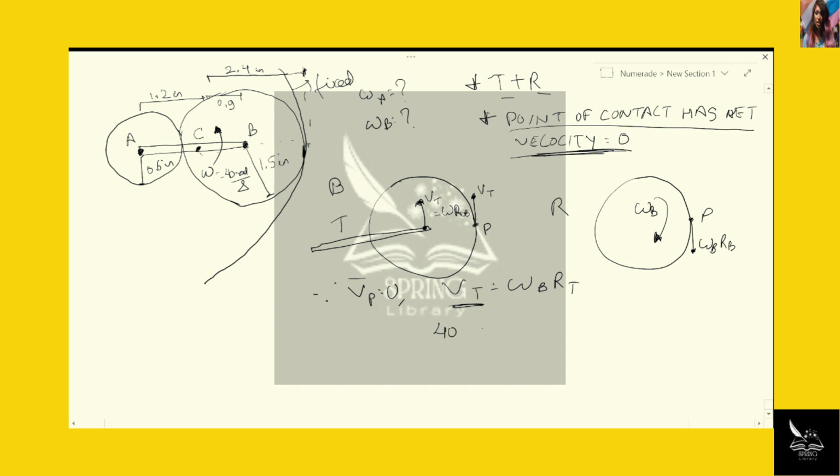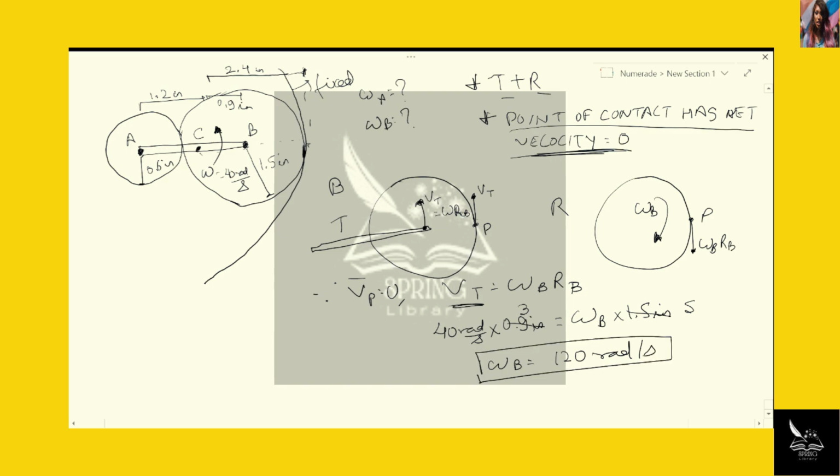So this will be 40 radians per second times CB, which is 0.9 inches, equals omega B, which we don't know, times R of B. So the radius of B is 1.5 inches. So 3 can cancel both of them. 3 5s are 15, 3 3s are 9, and inches get cancelled. So basically omega B is going to be 120 radians per second.